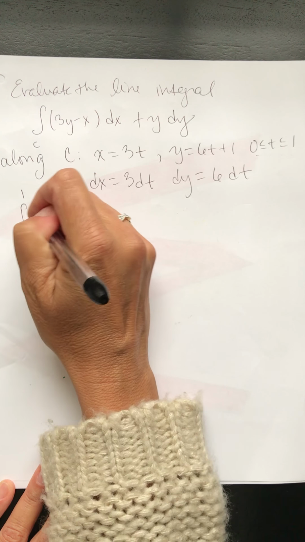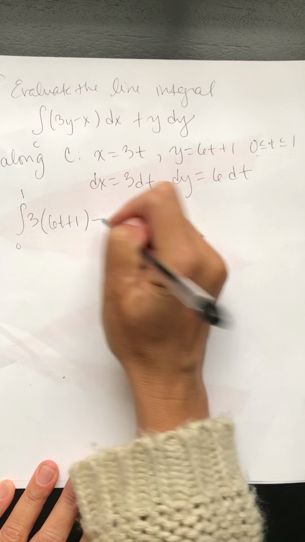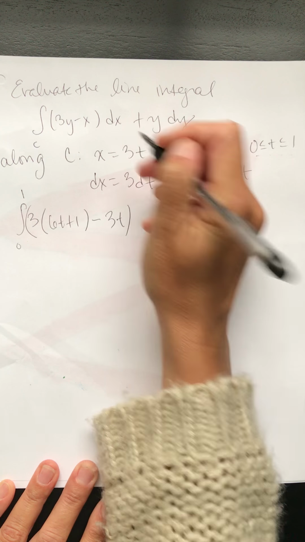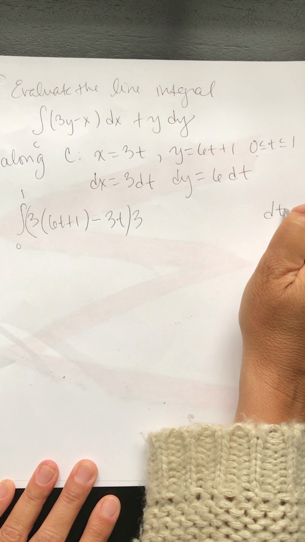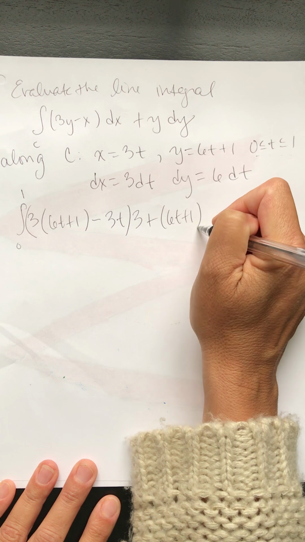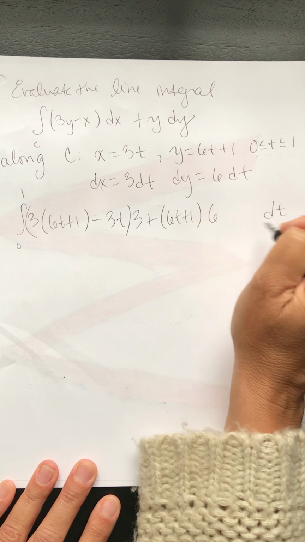So I have 3y, y is 6t plus 1, minus x, x is 3t, all times dx, which is 3 dt, plus y times dy, which is 6 dt.